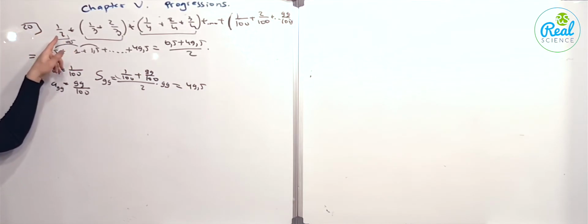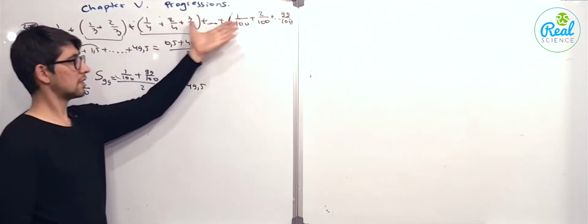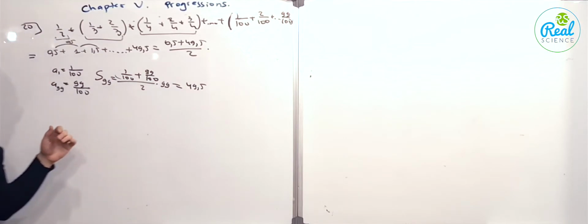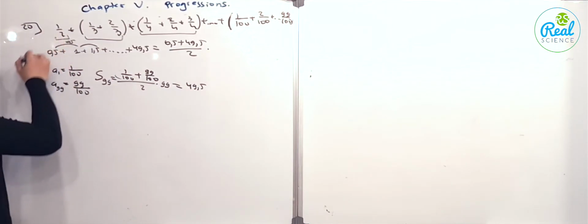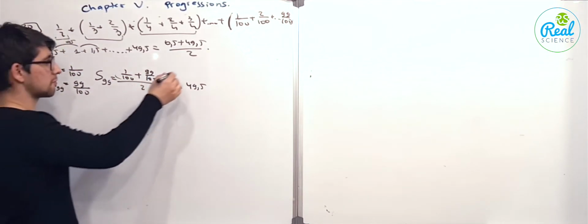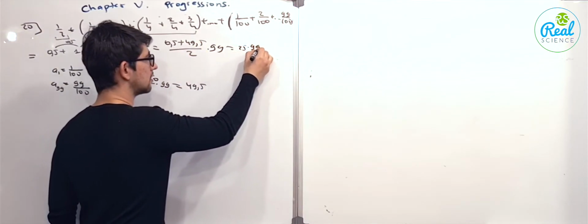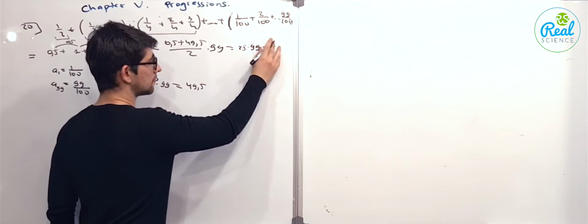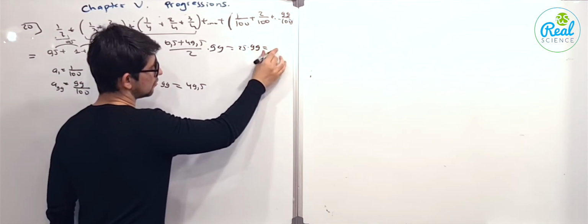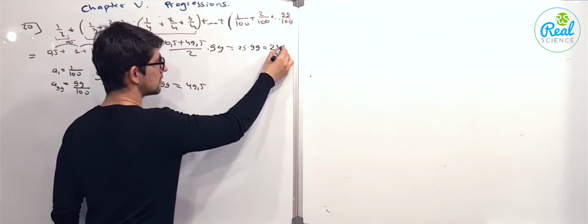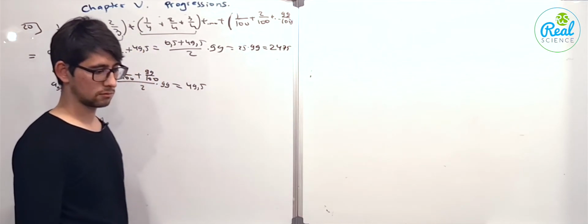Look at the numerator: 2, 3, 4 till 100. How many numbers do you have? No, you are missing 1. 99 terms, right? And it's 50 divided by 25 multiplied by 99, and it will be 40,000, right? No. 2,475? Okay.